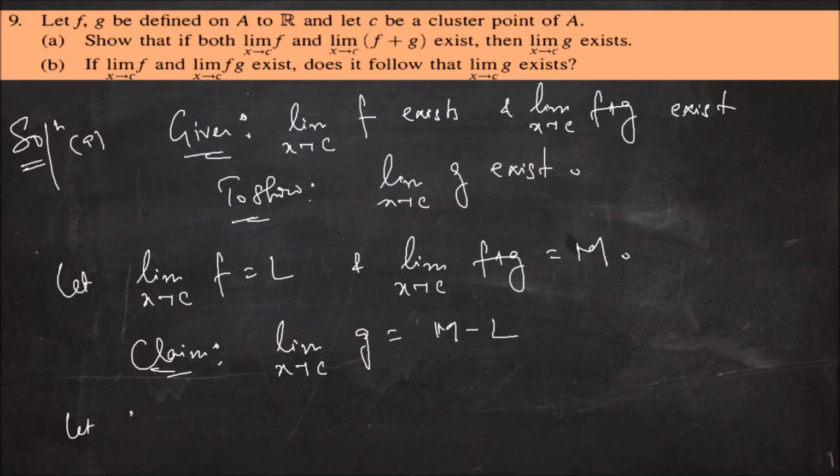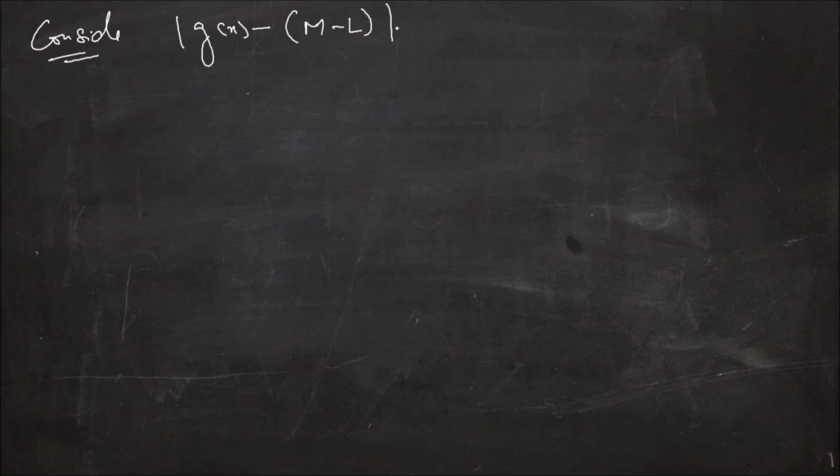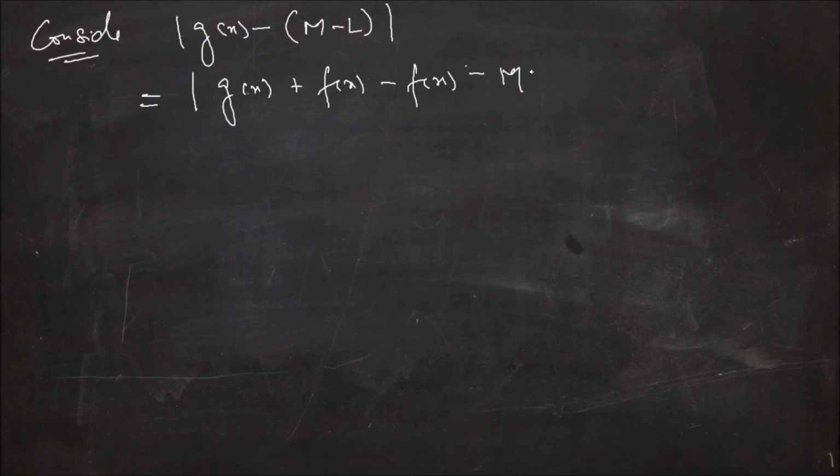So let epsilon greater than 0 be any real number. I am taking an arbitrary epsilon. Now consider |g(x) - (m - L)|. Now we will add and subtract f(x) here. So |g(x) + f(x) - m + L|.